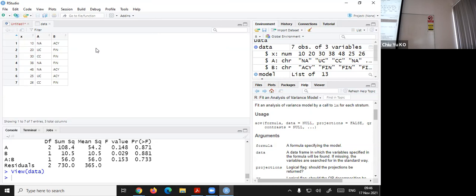And here I don't even need to have an equal number of replicates. You can see in the question, I don't actually need to have the same number.